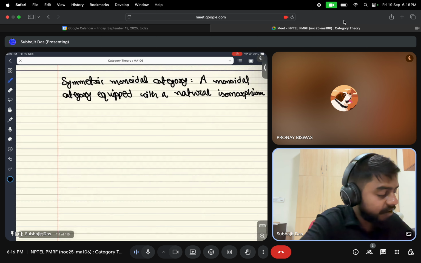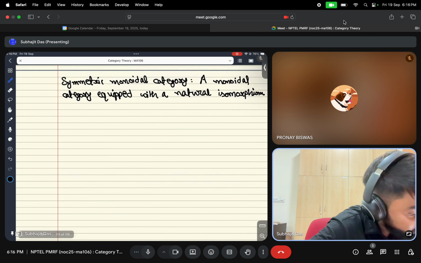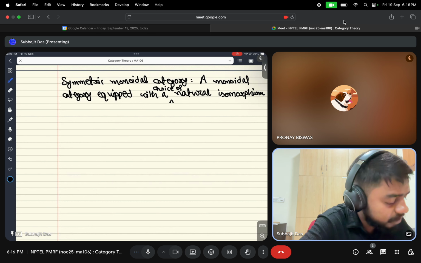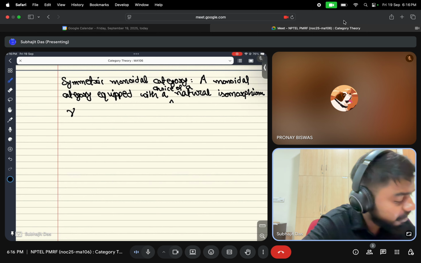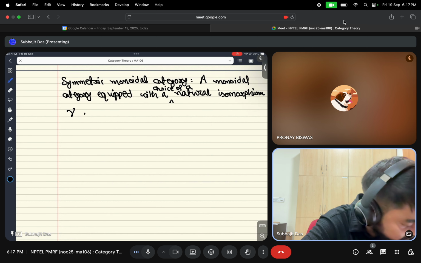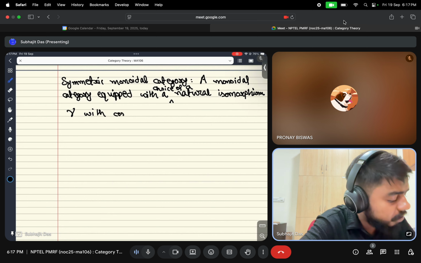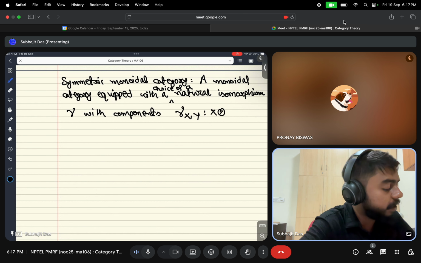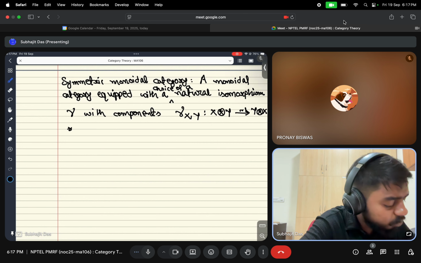So that is why I should write equipped with a choice of natural isomorphism gamma with components gamma x y from x tensor y to y tensor x, subject to certain axioms.